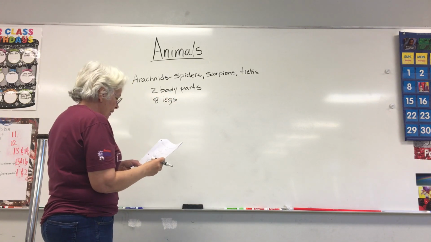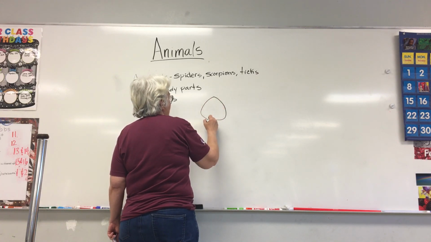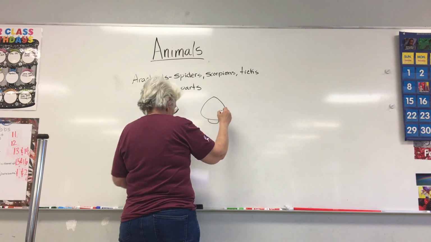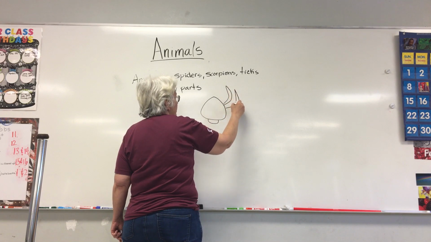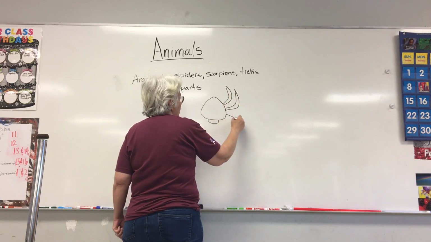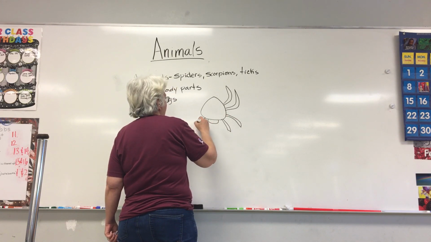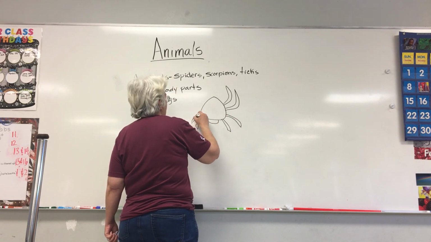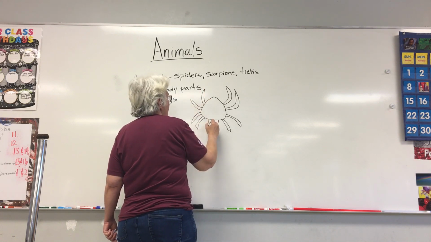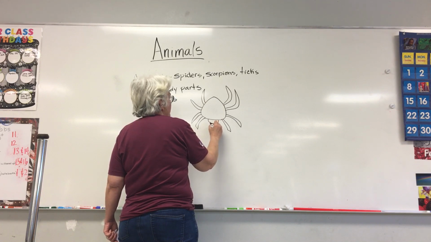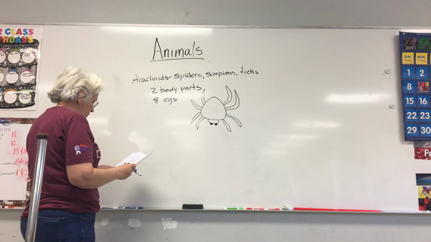So if we were to look at a spider, so here is his body, and then here's his head, and we have 8 legs. My spider's not as pretty as my ant was. Okay, and so we have some eyeballs here. Okay, and that is an arachnid or a spider.